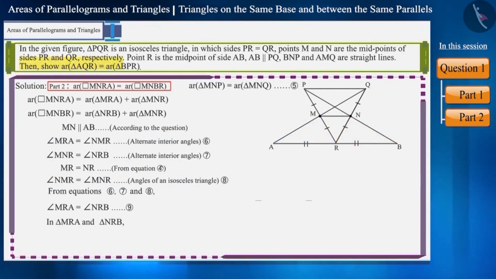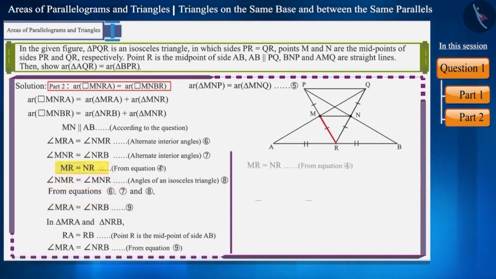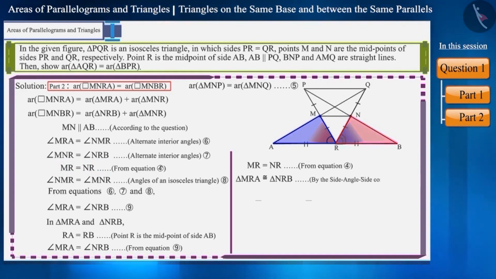It's given that point R is the midpoint of side AB. Therefore, side RA and side RB will be equal. And we saw that angle MRA and angle NRB are equal, and sides MR and NR are also equal. Therefore, triangle MRA and triangle NRB are congruent by the side angle side congruence rule.